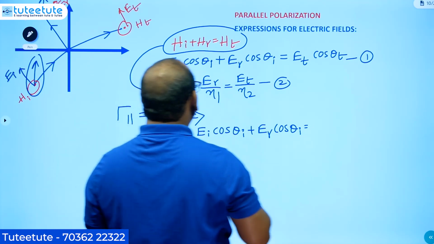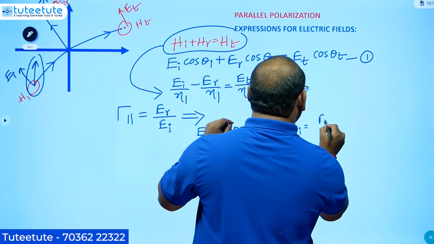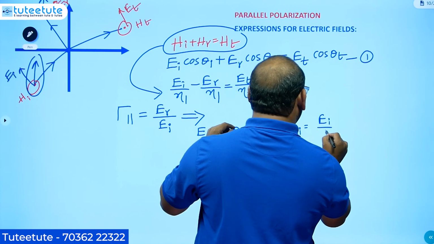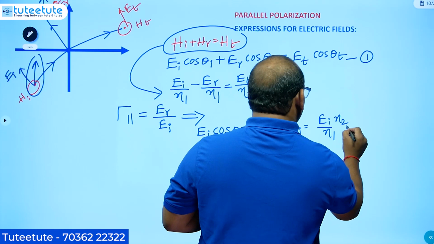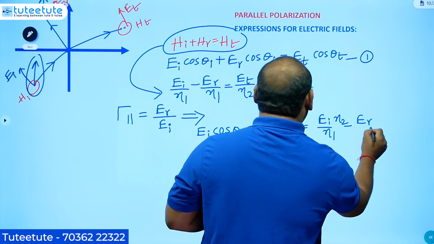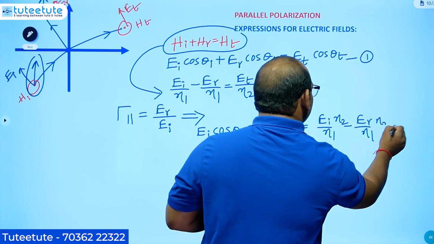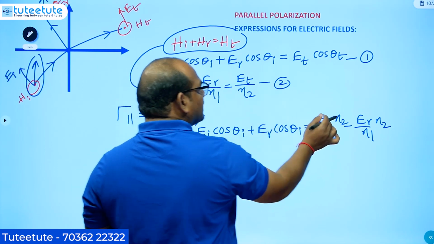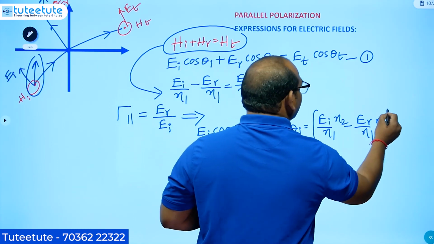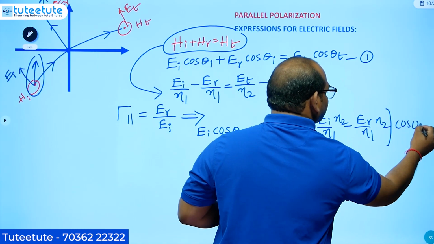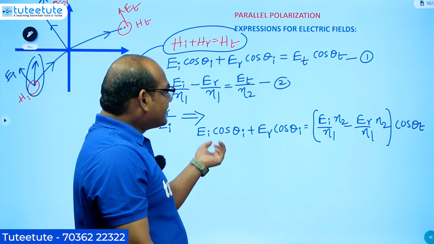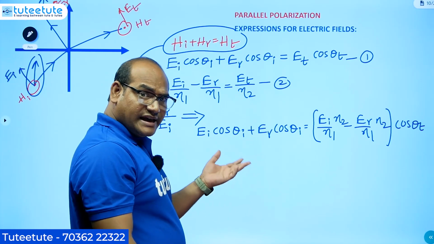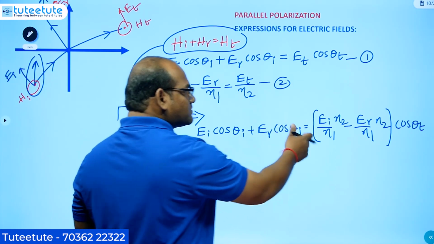So ET is here, so what we can write, EI by eta 1, this is multiplied with eta 2, minus ER by eta 1 multiplied with eta 2. This is ET, but this everything is multiplied by cos theta t. Okay, now if you see the expression, we have EI terms and ER terms. So write EI terms at one place and ER terms at other place.